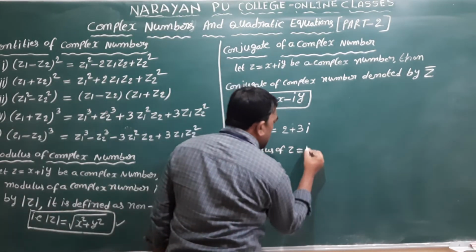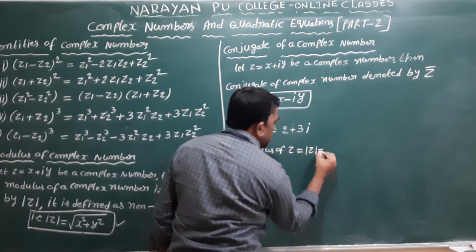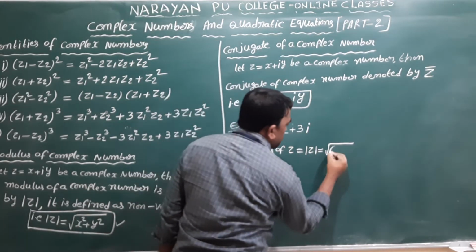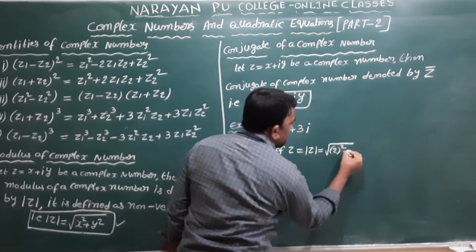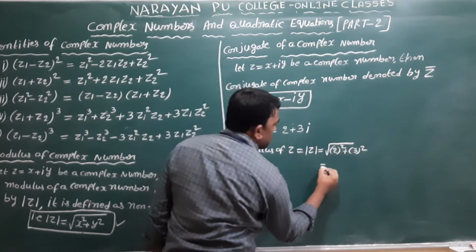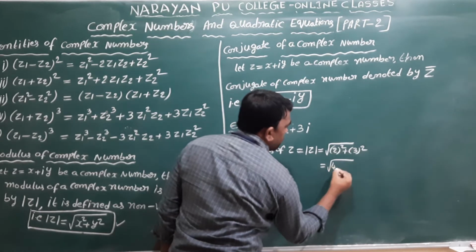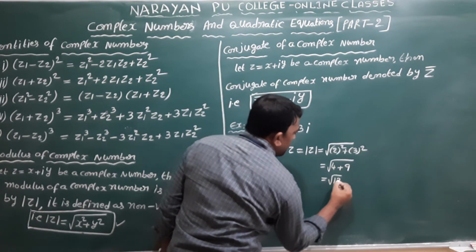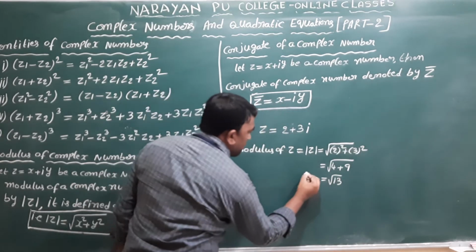So modulus of z, denoted by mod z, equal to root over x square plus y square. X is 2. 2 square plus y is 3. 2 square plus 3 square. Root over 2 square is 4. 3 square is 9. Root over 9 plus 4 is 13. That is modulus z.